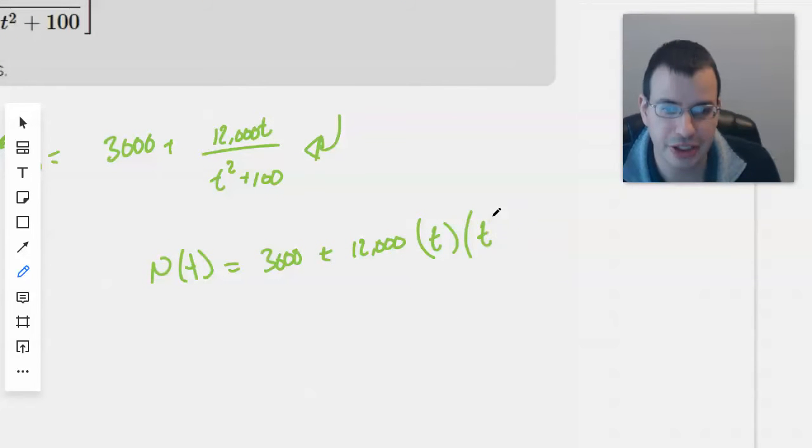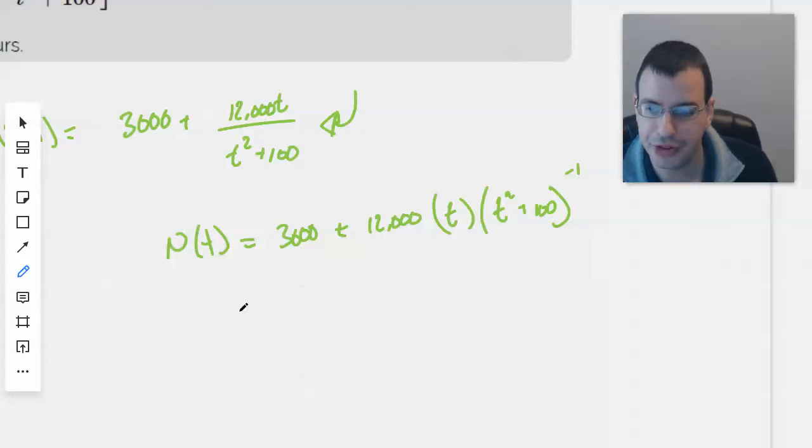So we still have t squared plus 100 to the negative 1. Okay? So then we will have n prime of t equals 12,000, because that stays the same.